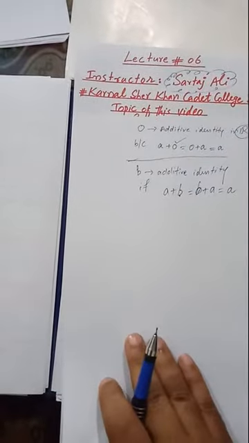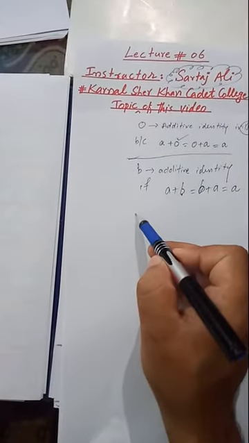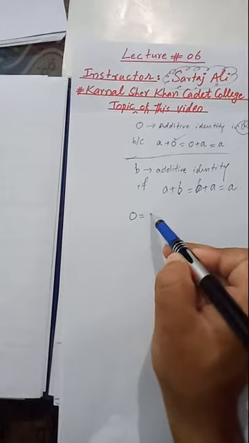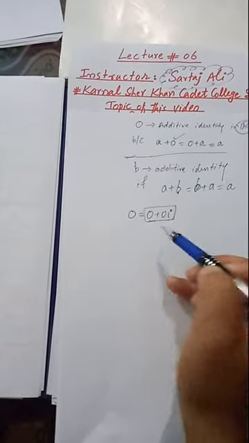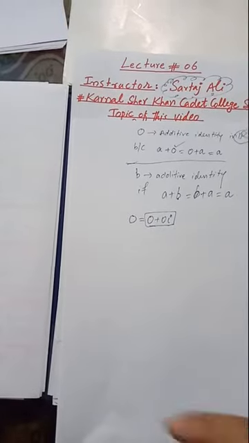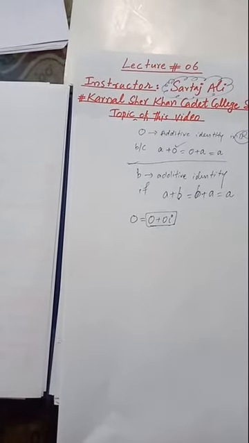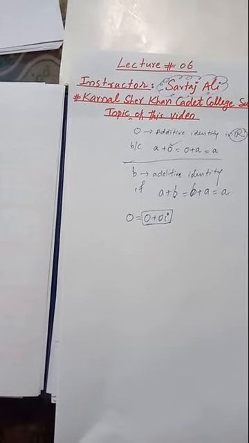Now you know that 0 can be written as 0 plus 0 iota. So this 0 is a complex number, because it can be written in the form a plus b iota according to the definition of a complex number.